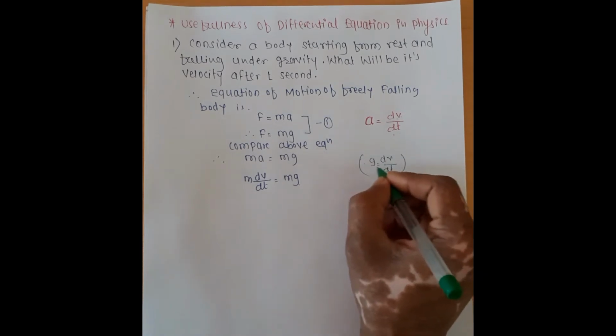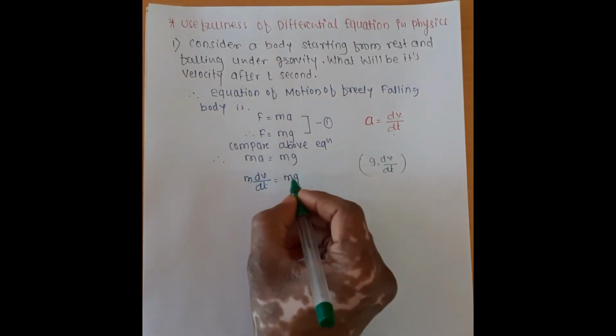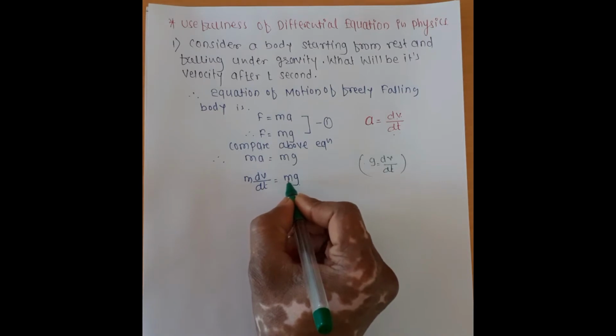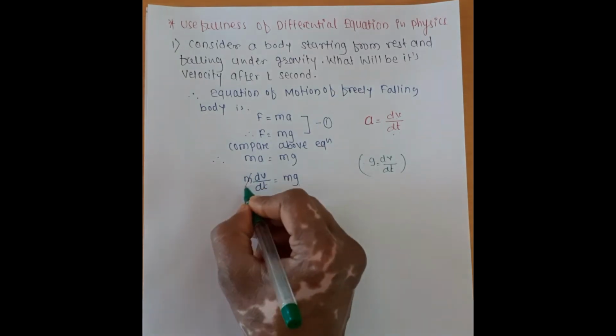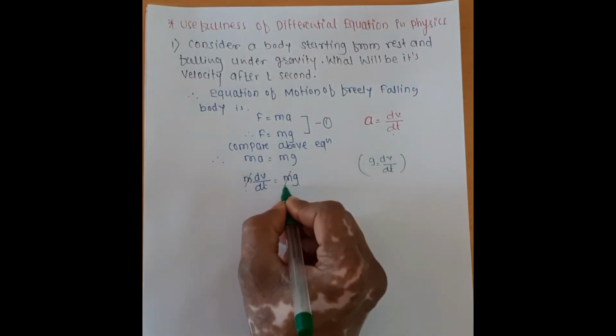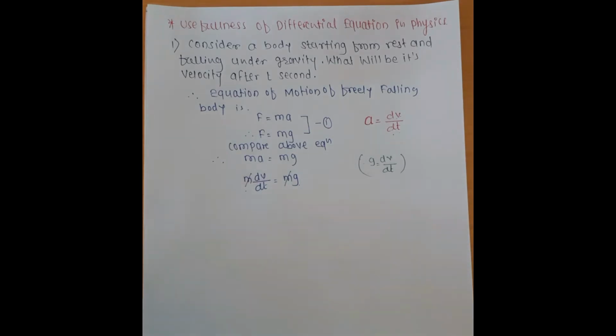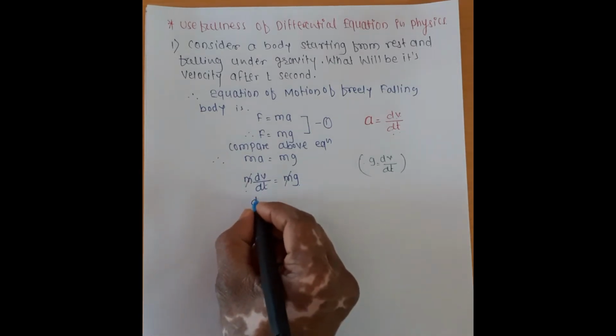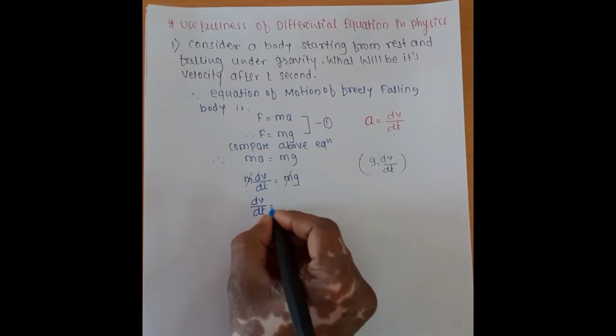So this m and this m cancel out, because m multiplied on one side goes to the opposite side and is divided. So the remaining term is dv by dt equals g.